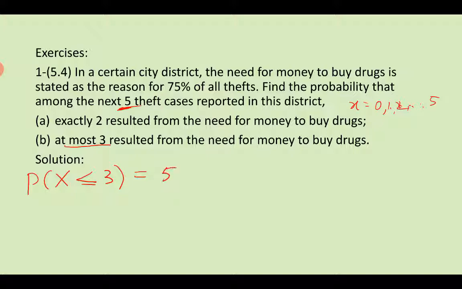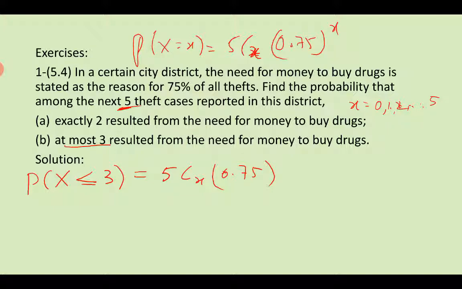Okay, I am writing the general formula. What is the probability of X equal to x here? 5Cx, p is 0.75 to the power x, q is 0.25 to the power 5 minus x, for the x values.